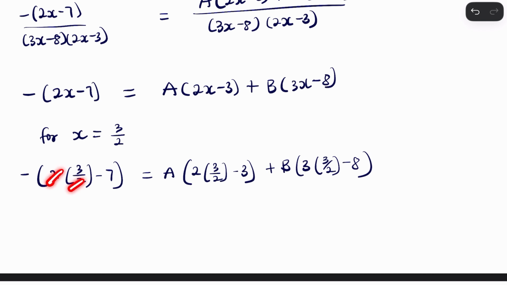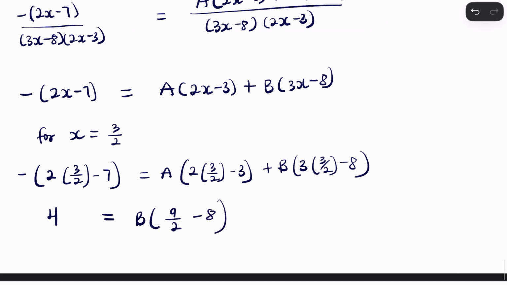This will cancel that, so you're going to have 3 minus 7 will be -4, minus minus will be plus, so you're going to have this side to be plus 4. And then we move on to the right hand side. Here this will cancel down, so you're going to have 3 minus 3, which is equal to 0. So this term will be equal to 0. Then we move on to the B part. So you're going to have B, then we have 9/2 minus 8.